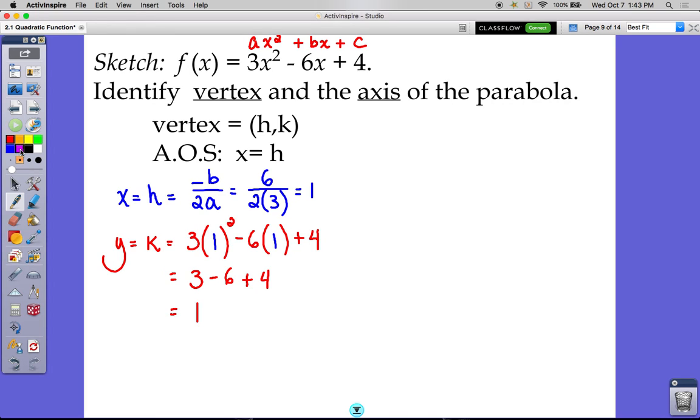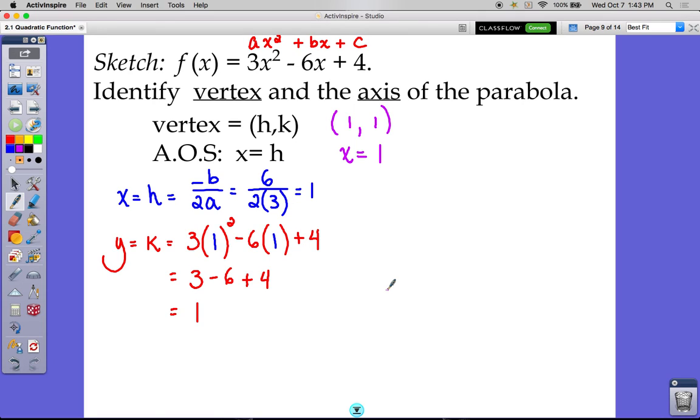I got x and y values. I got the h and k for my vertex, which is 1, 1. The axis of symmetry goes through the vertex, and that's x is equal to the x value, 1. X is equal to h, and h is equal to 1.